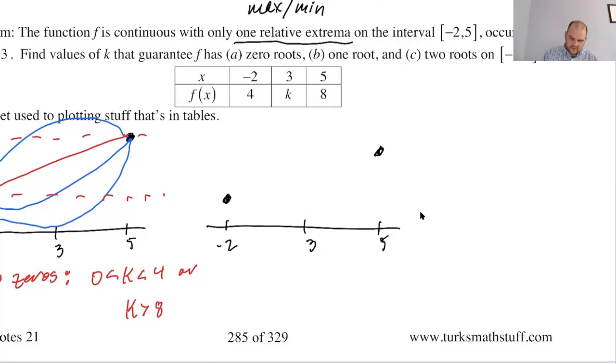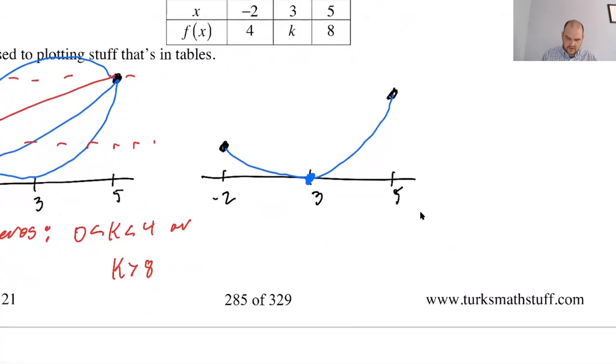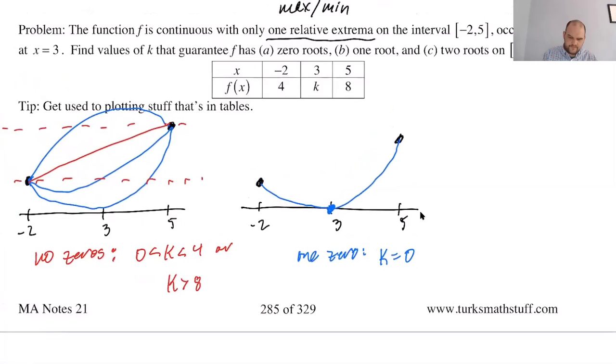I have to make sure that this happens because I'm only allowed to have 1 relative extrema. That's gonna have to be it because I can't go lower than that, because then I'd have 2 zeros. So I must hit exactly there to make it work. So 1 root is gonna be k equals 0. If k is equal to 0, then you're gonna get exactly 1 root.